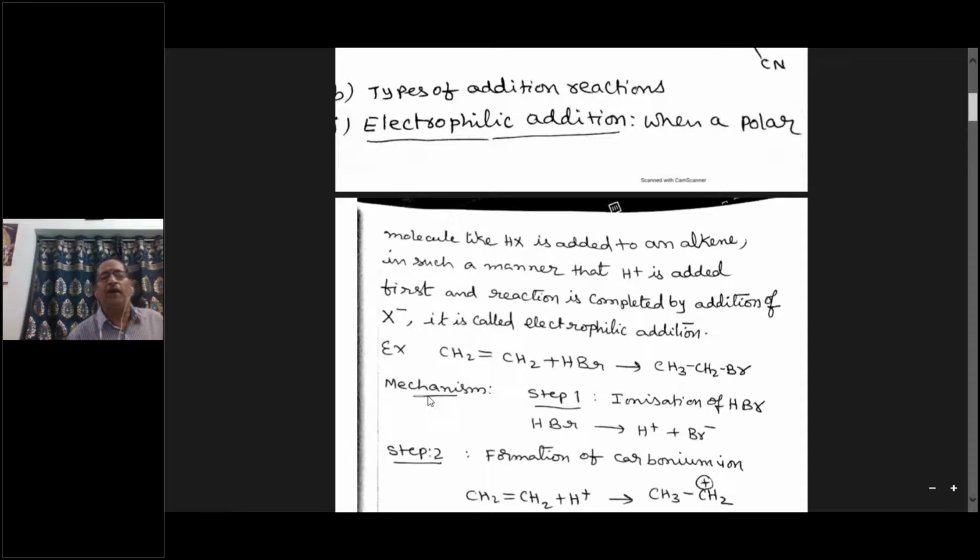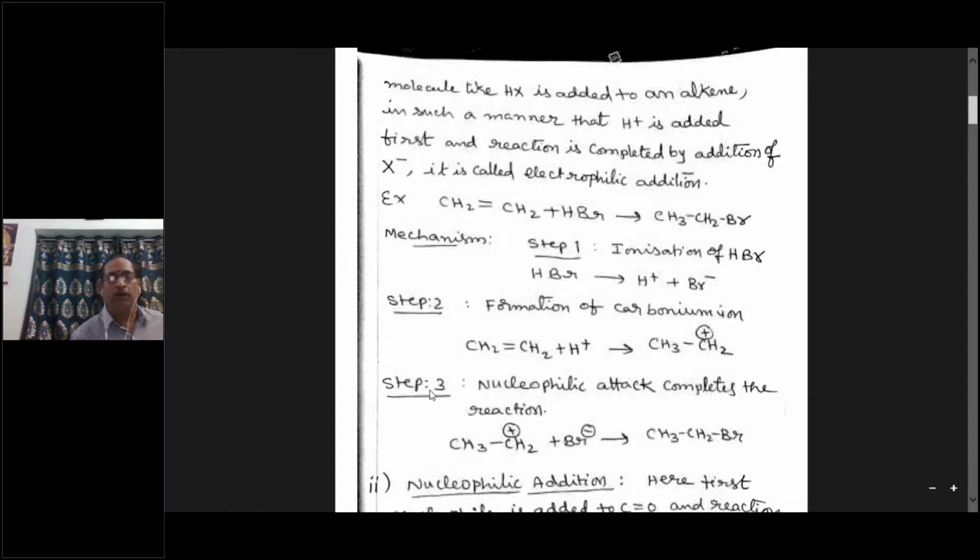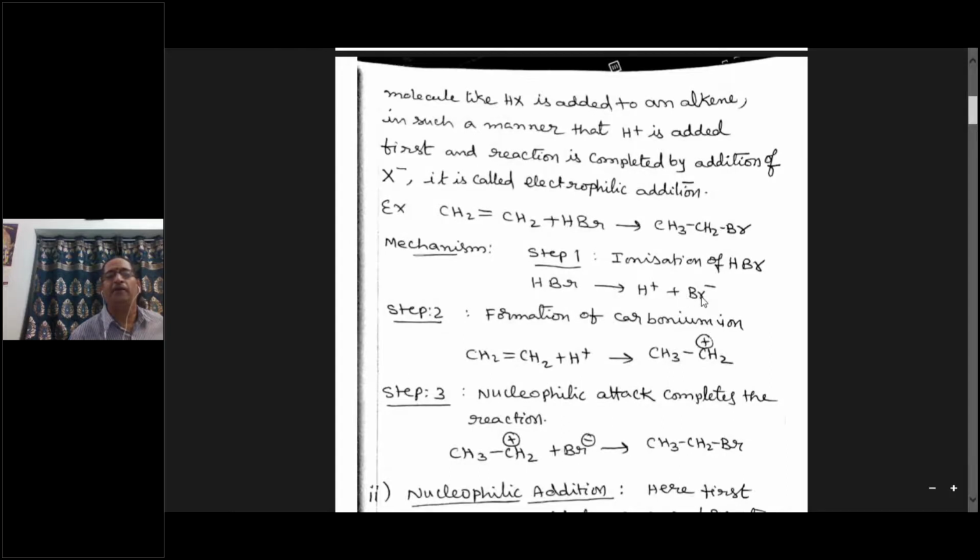Then what is the mechanism of this reaction? Actually, mechanism means the process by which the chemical reaction takes place. In this reaction, the first step is that HBr is subjected to ionization to form H plus ion and Br minus ion.